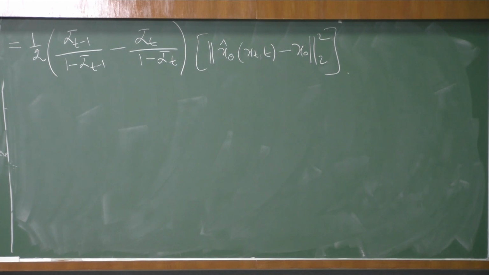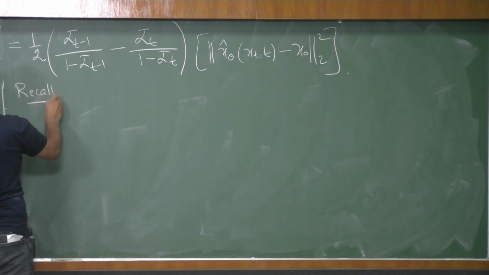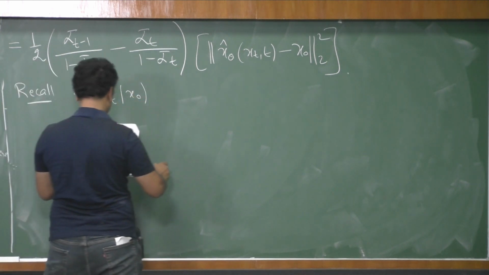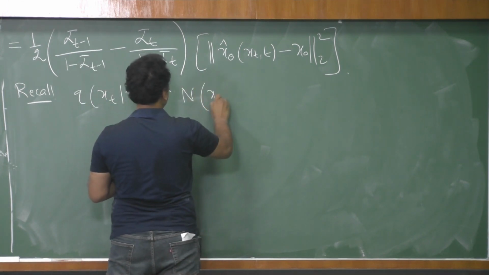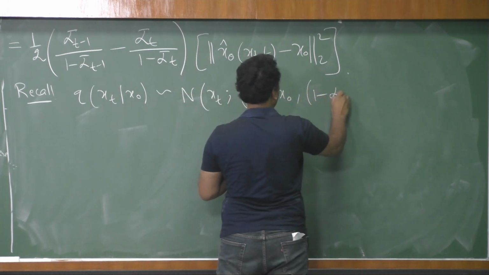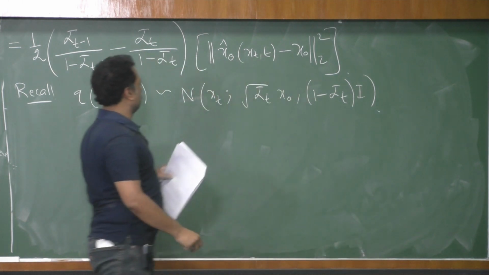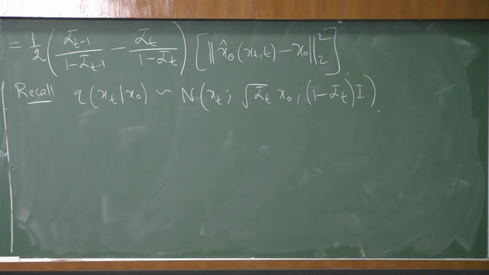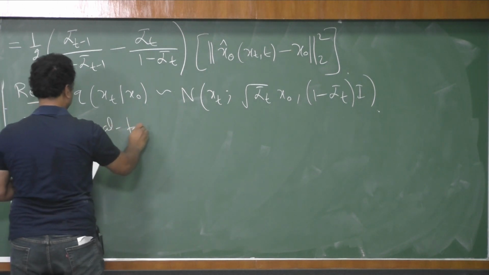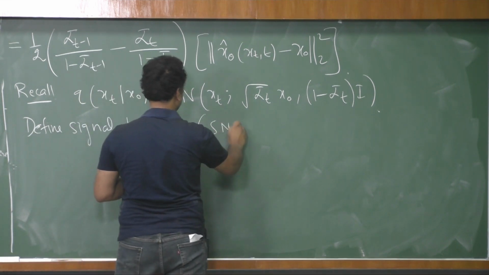If you recall the expression q x t given x naught, then this was assumed to be a Gaussian of this form, and we can define a signal to noise ratio, which is usually called SNR.